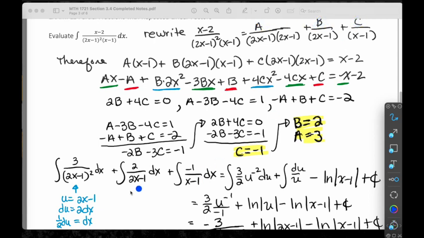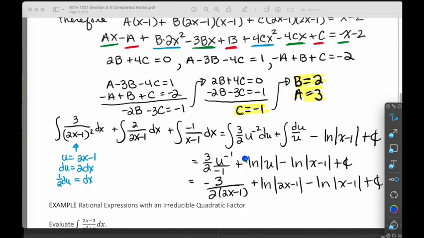And so what I get when I rewrite this is 3 over 2x minus 1 squared, because that's the 2x minus 1 times 2x minus 1. On the second integral, I have 2, which is my b, over 2x minus 1. And in my third integral, c is negative 1, so I have negative 1 over x minus 1.